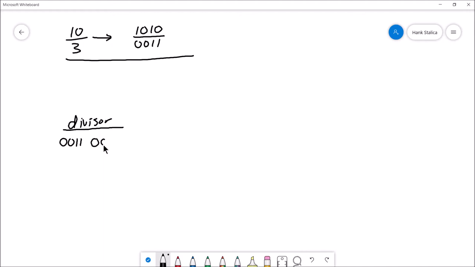We're only using nibbles here, so the divisor register in this example would only need to be a byte long. In addition to that, we're going to need a remainder register and a quotient register. The quotient register gets initialized to 0, and the remainder register gets initialized to your dividend, so to the 10.